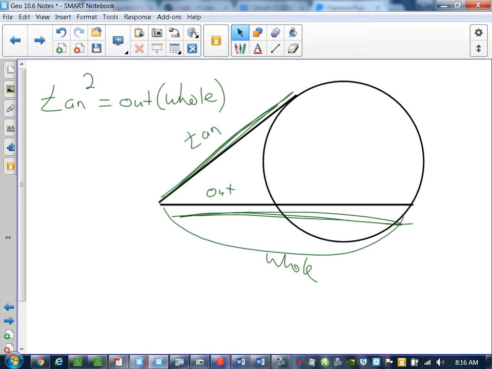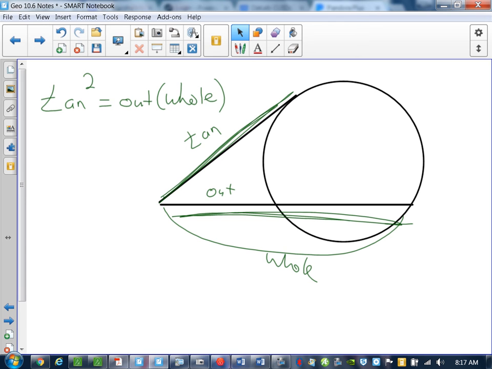If it was tangent, it's probably tangent squared equals tangent squared. Yeah, but we don't usually deal with those, because remember, if there were two tangents meeting at the same point, those segments are always equal from way back when.